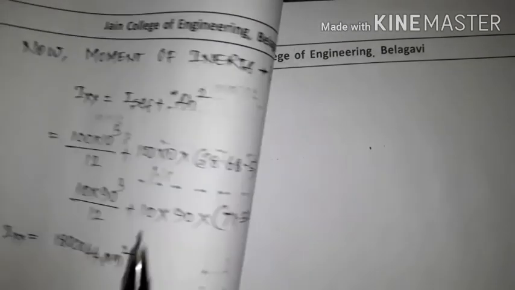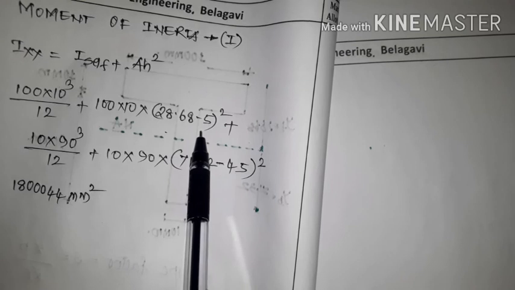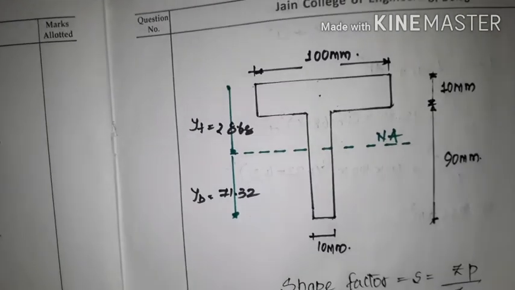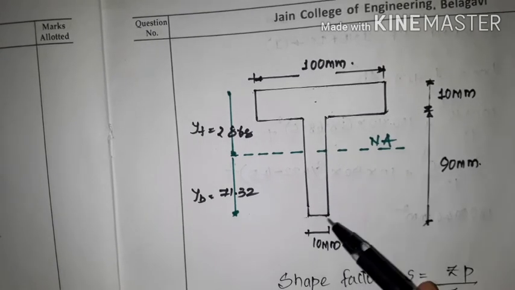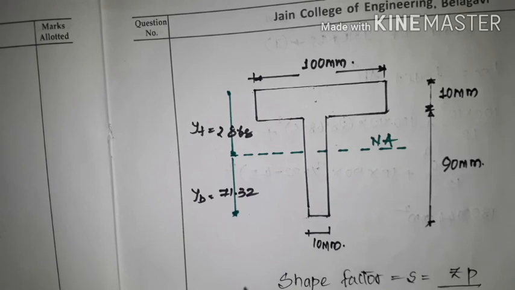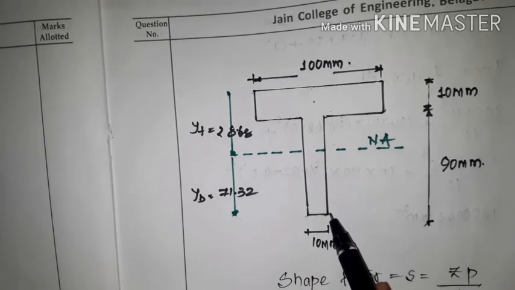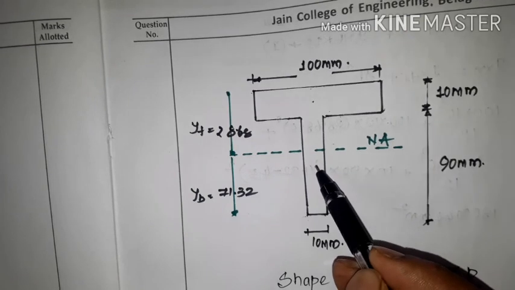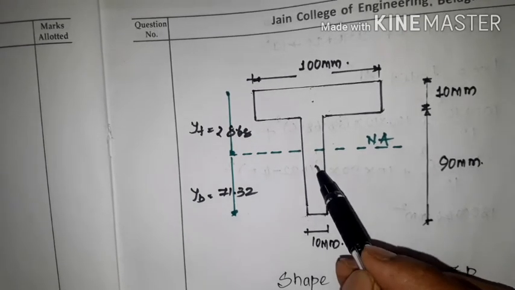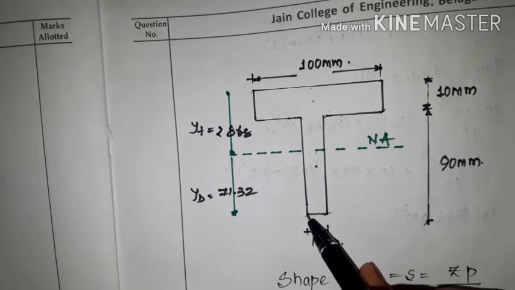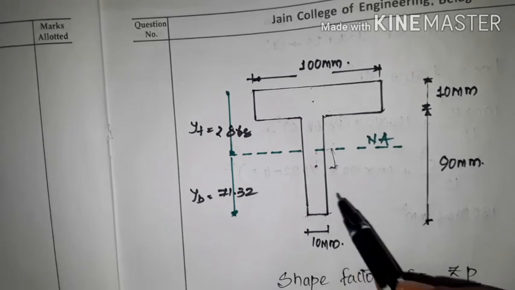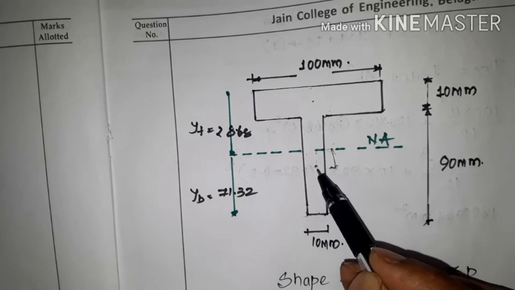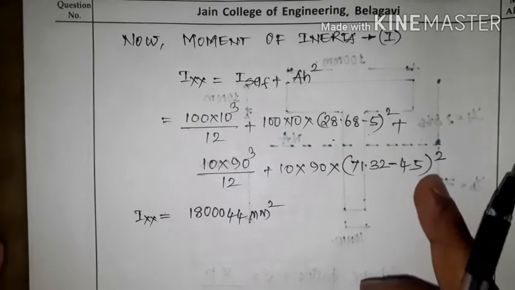For the web part, B is 10, D is 90, BD cube by 12 into this distance. The total is 90, so the centroid will be at 45, and we want this distance, so 71.32 minus 45. Understood? So 71.32 minus 45 square, and so we got I.